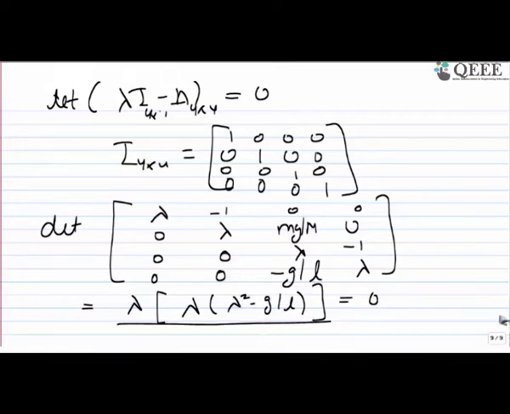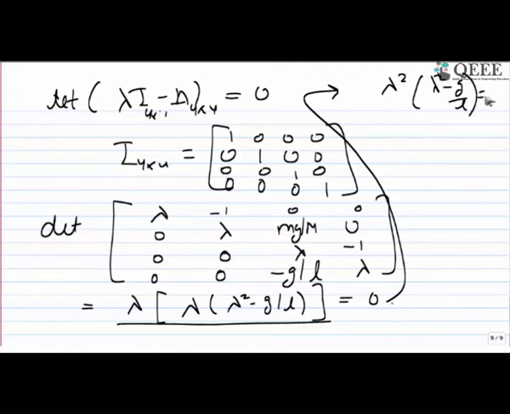What it says is that lambda square minus g by L is equal to 0.